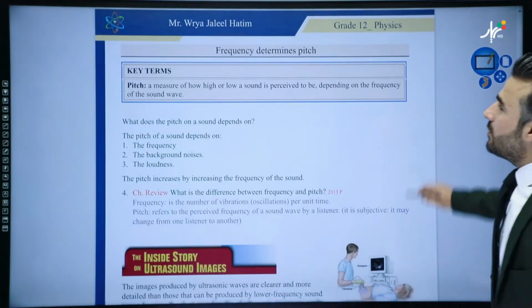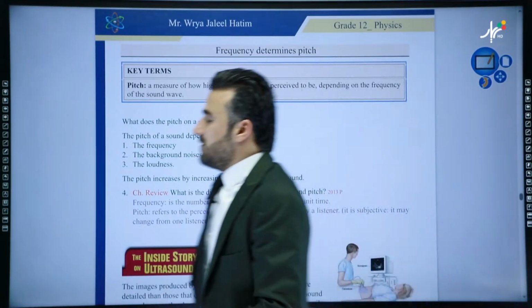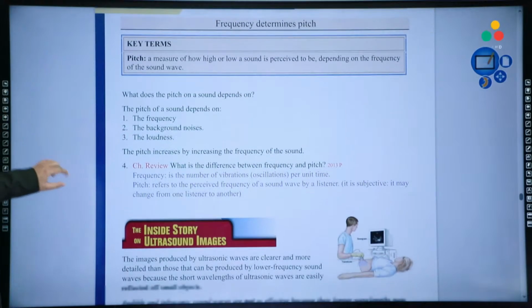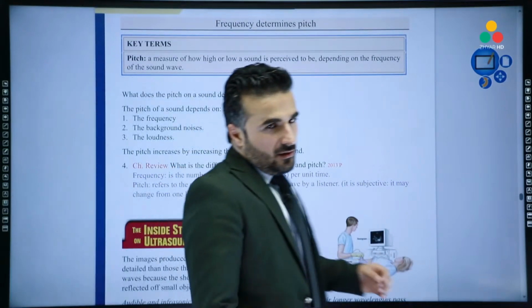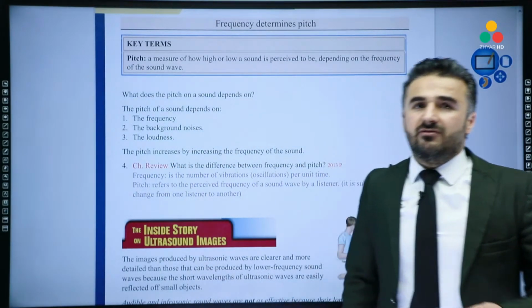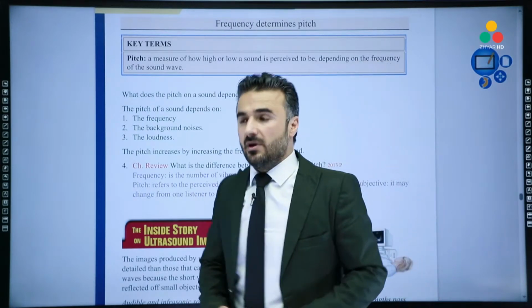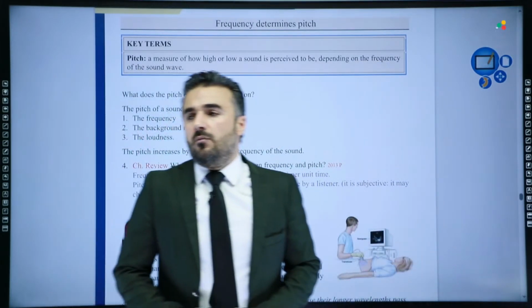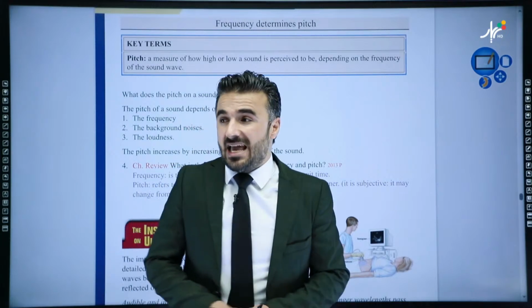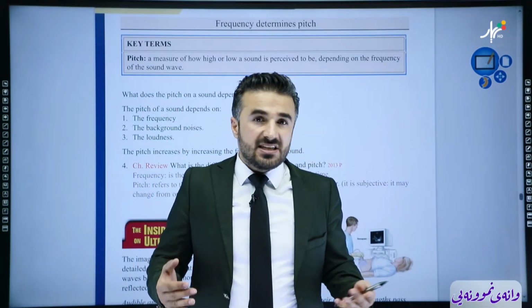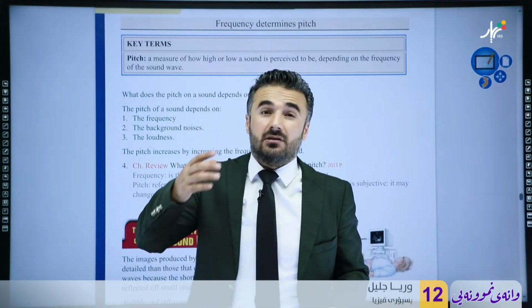Now we have a new concept which basically says frequency determines the pitch. Now what is pitch? Pitch is a measure of how high or low the sound of a wave is perceived. Let's say the frequency of the sound that is heard.